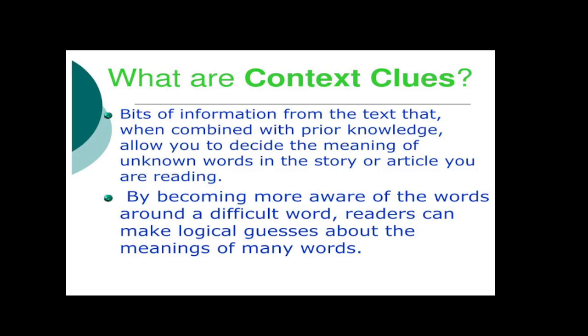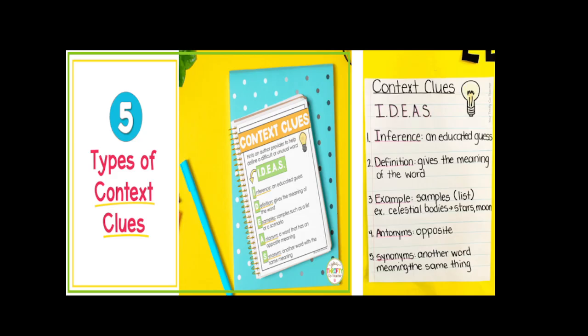So, context clues are the hints authors give within a text to help readers like you define difficult, unusual, or unfamiliar words without depending on a dictionary. These hints may be in the form of an inference, definition, example, synonym, or an antonym.